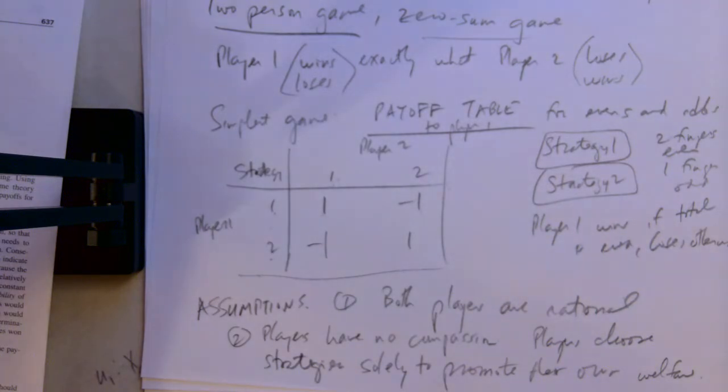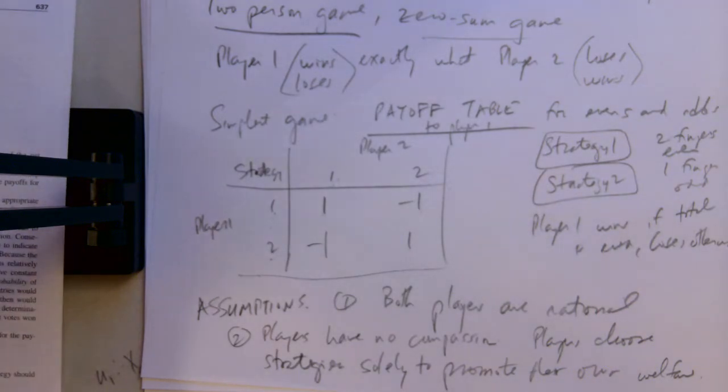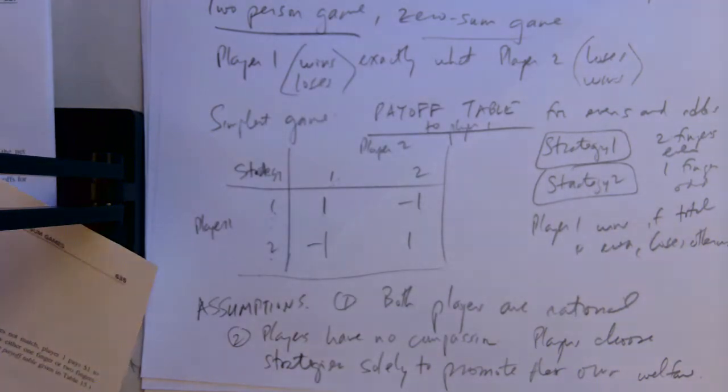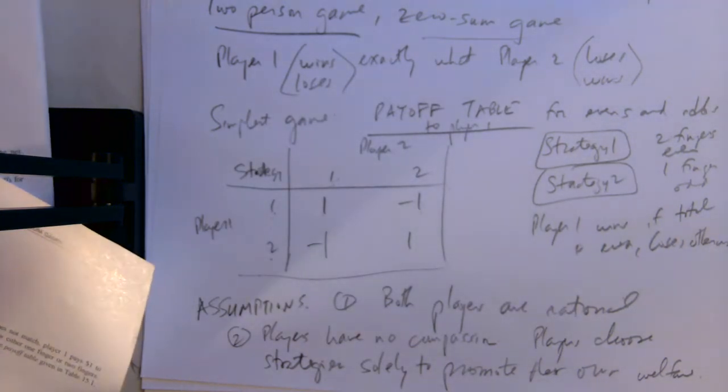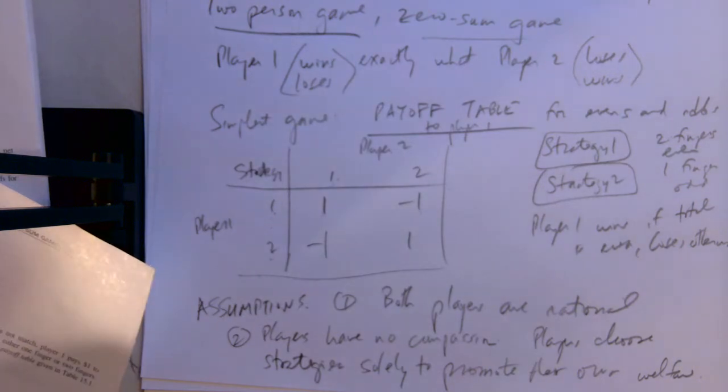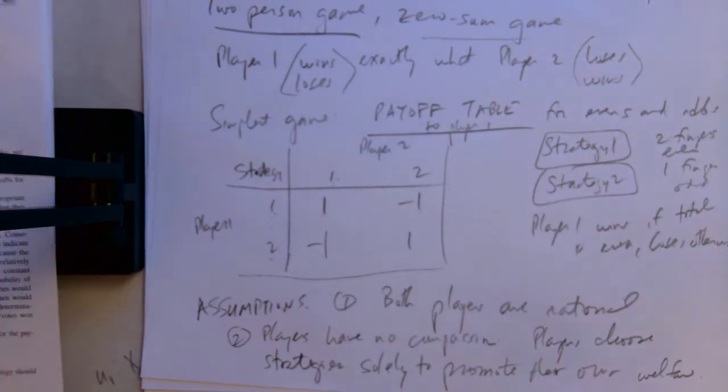So when we start to analyze our games, these are the hypotheses. Rational play, and all you want to do is win. Of course, maybe in some games you can't win, but then you just want to minimize your loss.